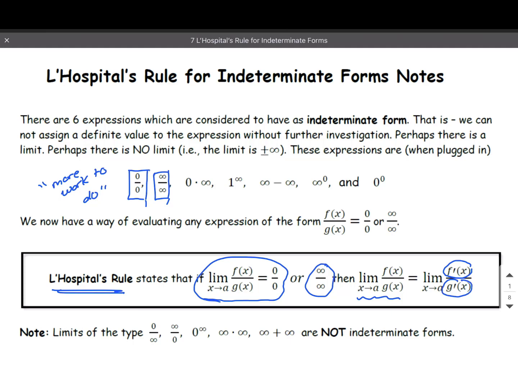Okay? We are only going to use this when we get 0 over 0 or infinity over infinity. So again, when we got that 0 over 0, we'd say more work to do. Well, now we can use L'Hopital's rule. Also, if we get infinity over infinity, we can use L'Hopital's rule.